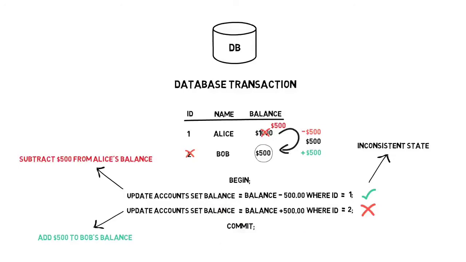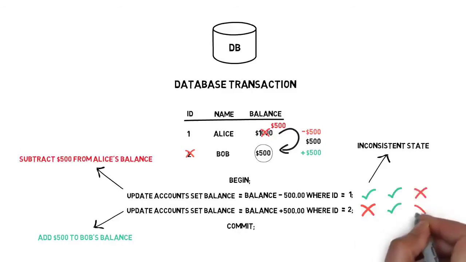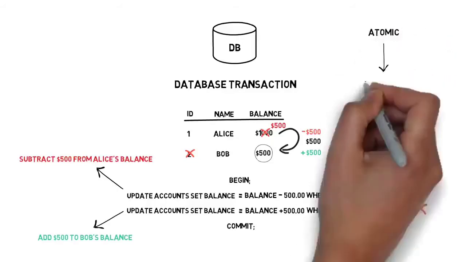Once we do that, we can safely assume that either both statements are executed correctly or none of them are, leaving Alice's and Bob's balances untouched.